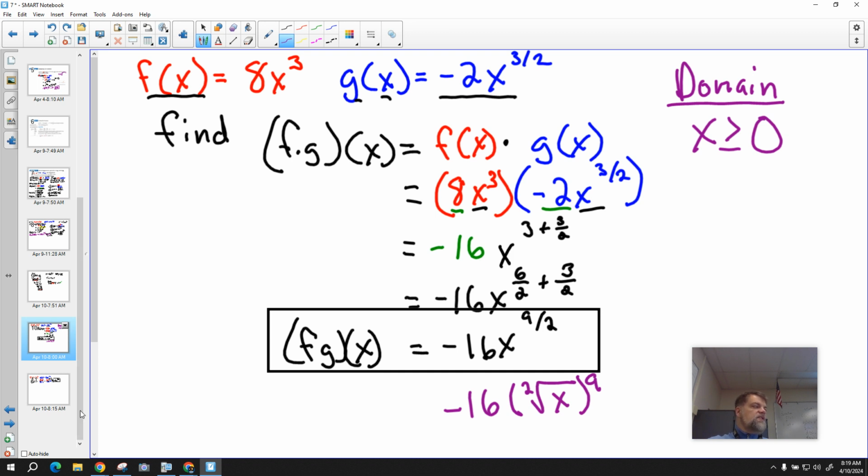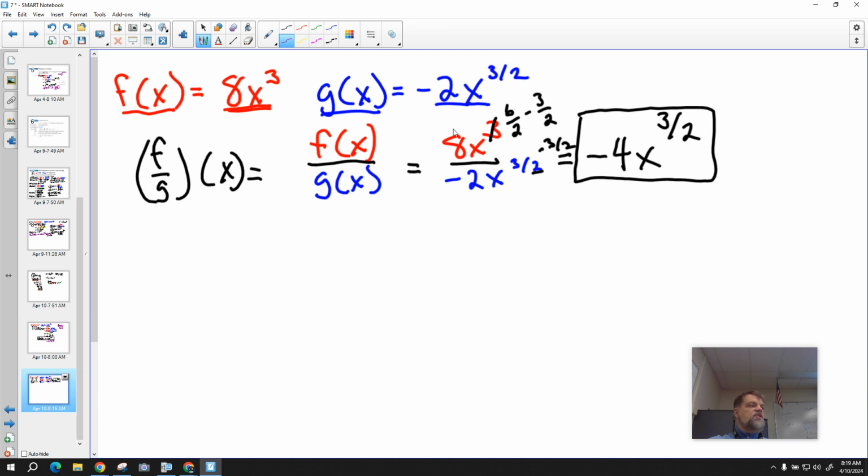Likewise, if I go to this problem over here, even though we have fractions, when I simplify the fractions, I no longer have a fraction, but remember that this is the same as negative 4 times the square root of x raised to the 3rd power.